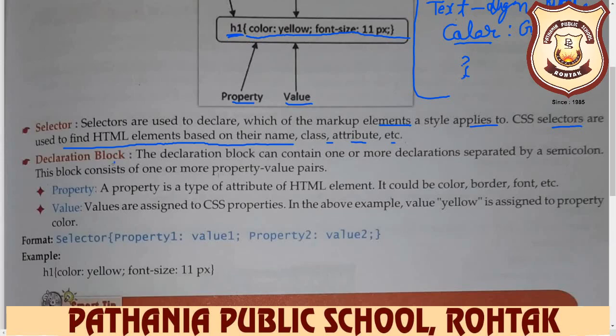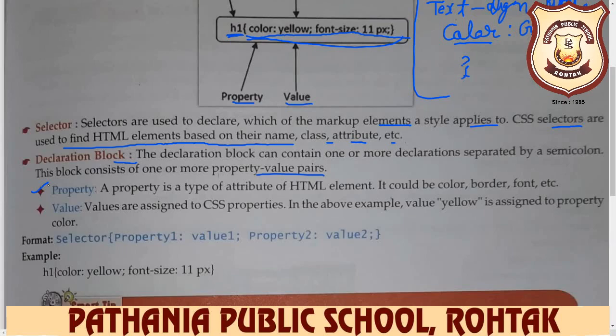And declaration block, this complete is your declaration block. Declaration block can contain one or more declarations separated by a semicolon. This block consists of one or more property value pairs. And property, what do you mean by the property? A property is a type of attribute of HTML element.